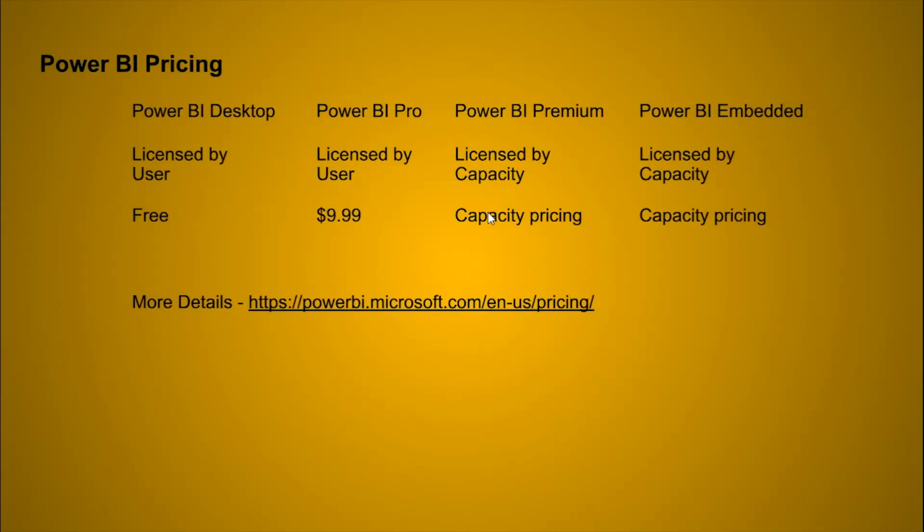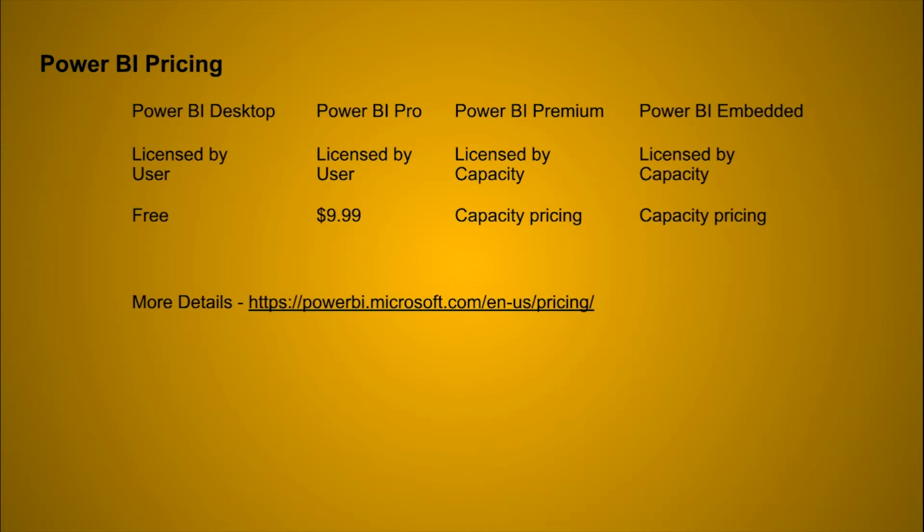Now next comes the pricing model of Power BI. As I've already told you, Power BI Desktop is free to easily create reports. Next, Power BI Pro, or Power BI Professional, is licensed by user. Its price is $9.99 per user per month, which will give you access to Power BI Service, and you can share reports with other Power BI users in your organization.